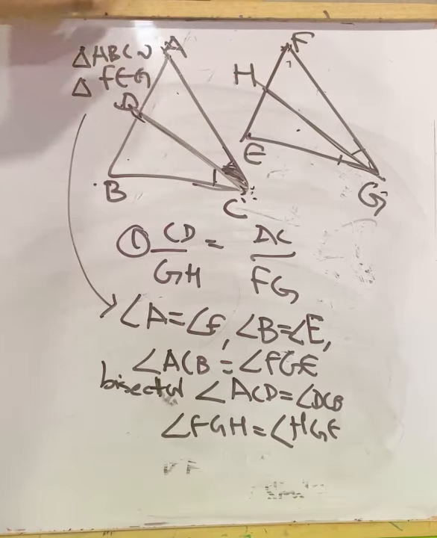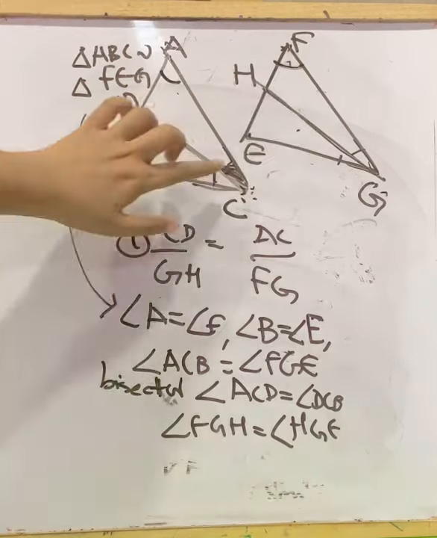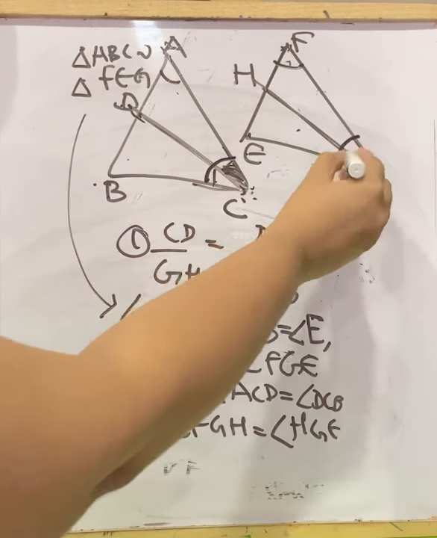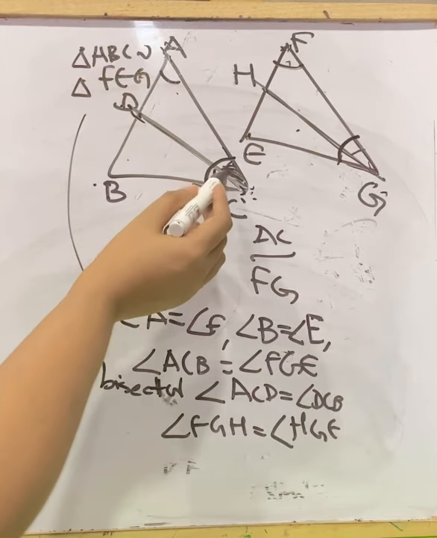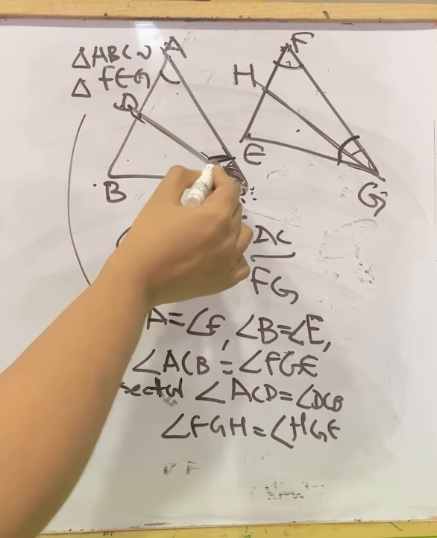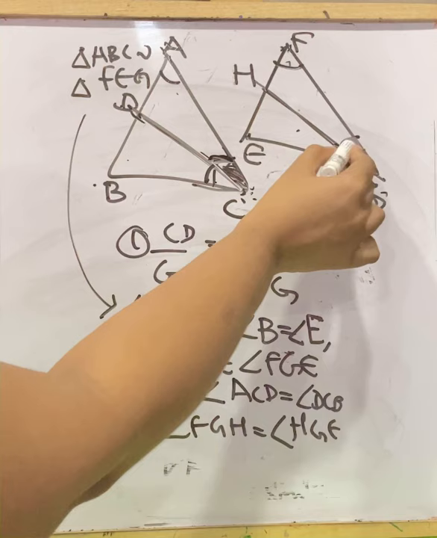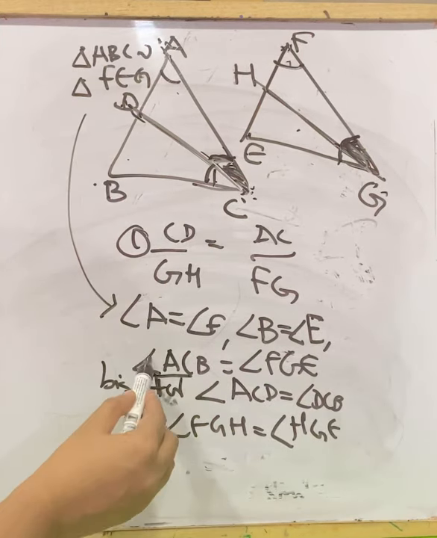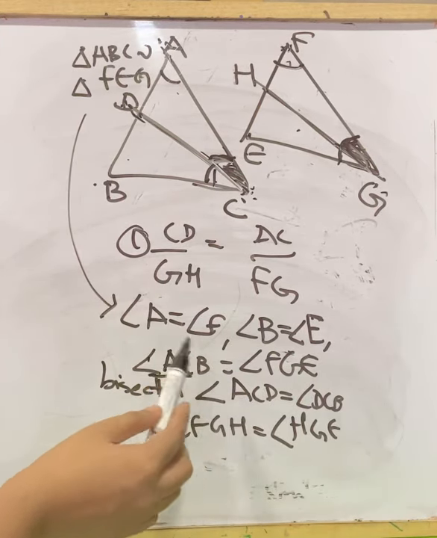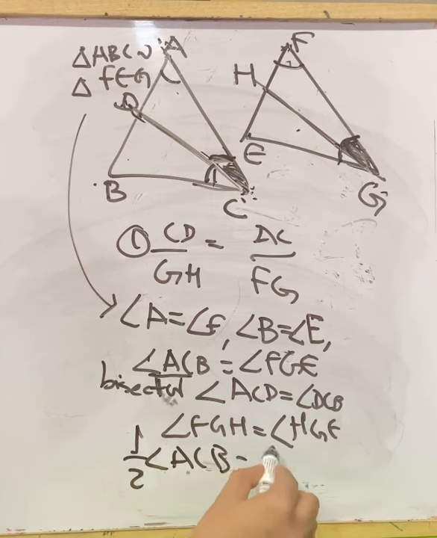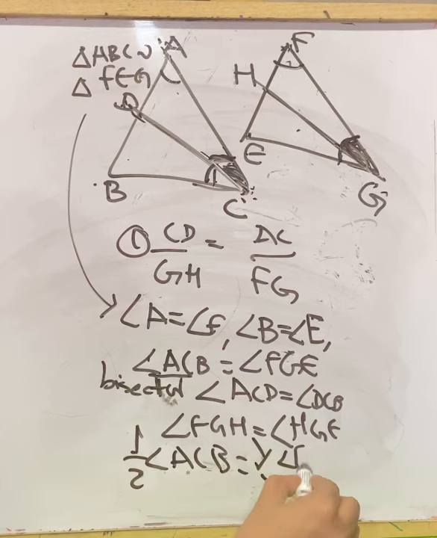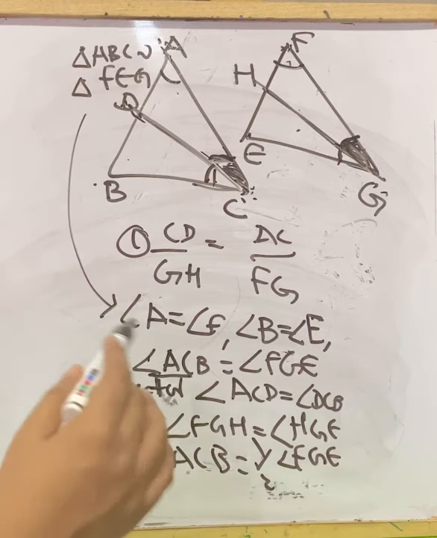Here we have this angle is equal. Also we have the total angles are equal because these bigger triangles are similar. Now we have half of this angle will be equal to half of this angle. Angle ACB equal to angle FGE. Then half of angle ACB equal to half of angle FGE. We are taking the half on both sides.